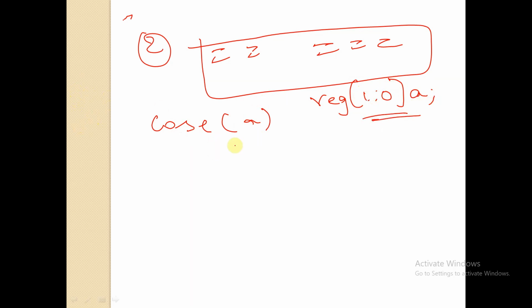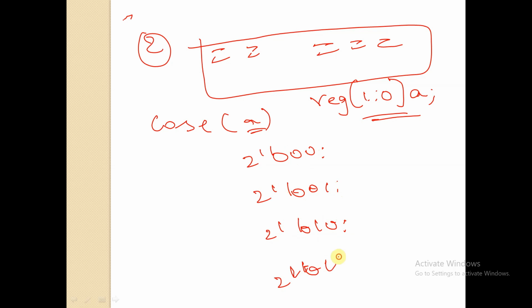If A is equal to 2'b00, we will execute one statement; for 2'b01, another; then 10 and 11. So these are the possible states which A can hold. So this statement will parallelly compare the values of A.